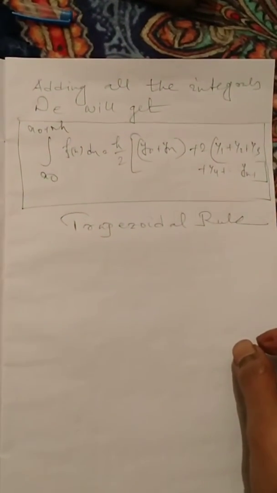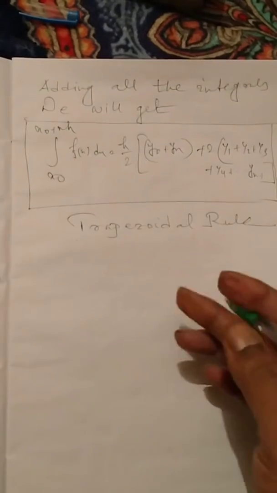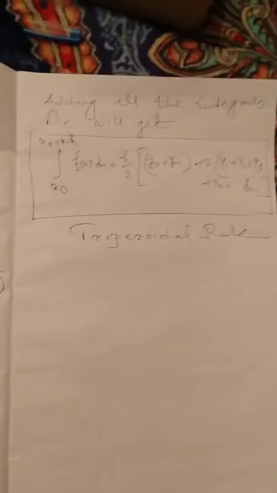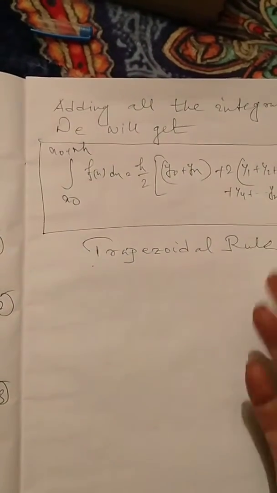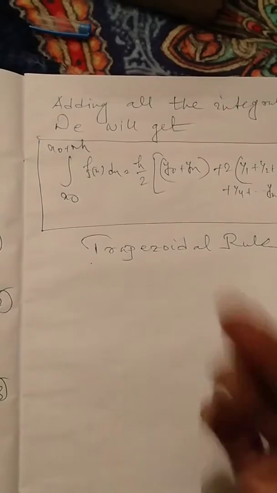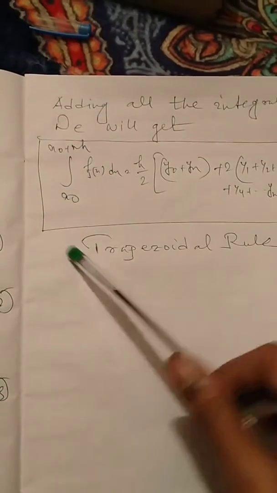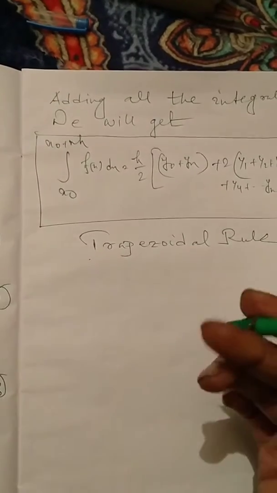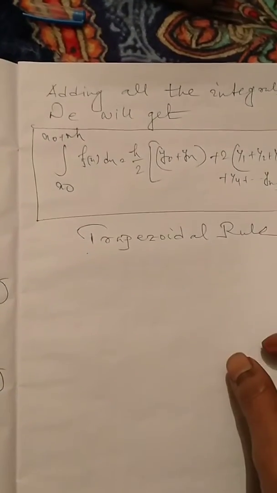What is the significance of this trapezoidal rule? In class 11 or 12 we have done integration using several types of substitutions and various formulas.